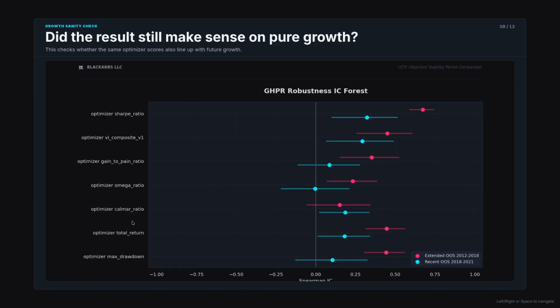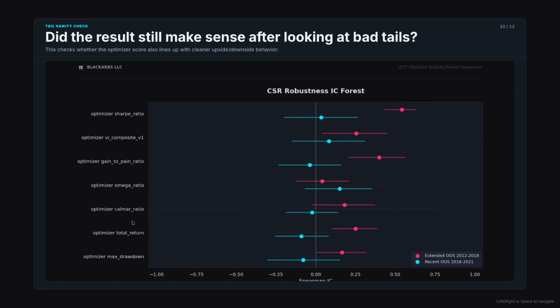And then just for robustness check, we can look at the same type of forest plot, except using the geometric holding period of return. And we can see still that the Sharpe ratio is still the best in both periods, followed by the VI composite. So those rankings still don't change much.